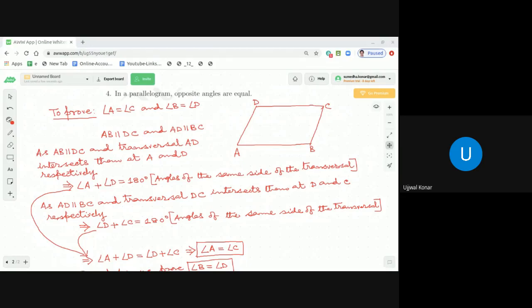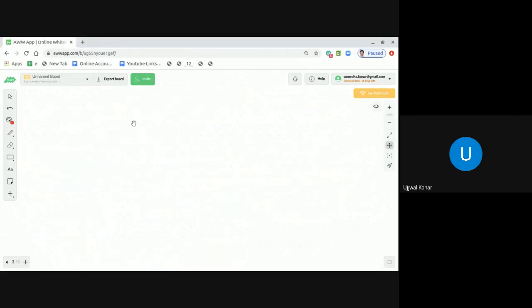Okay. Now the fifth one, let me write it down on the next page, and we will discuss more on it. Let me first write it down. So dear students, here the fifth property is that in a quadrilateral, if each pair of opposite angles is equal, then it is a parallelogram.